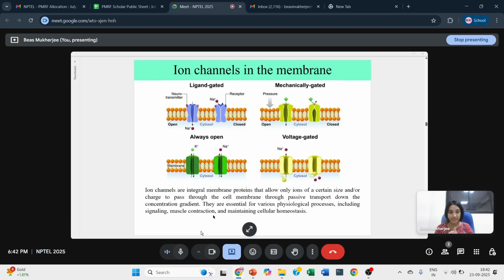Then there is the voltage gated channel. Let's say some electrochemical voltage is generated across the membrane. Because of that, it can either open or close, and the passage of the ion is allowed or not allowed. Some are leaky channels. They are always open and they allow only certain kinds of ions to pass through.